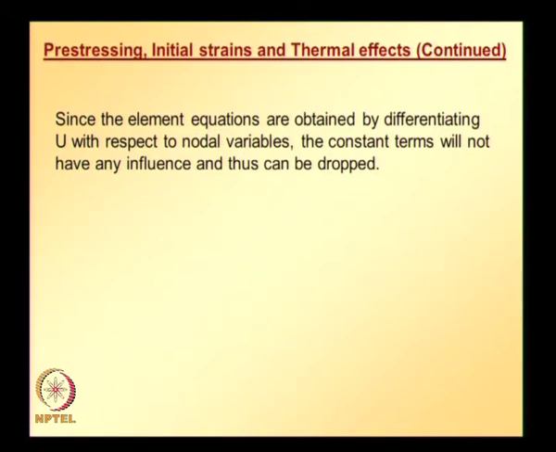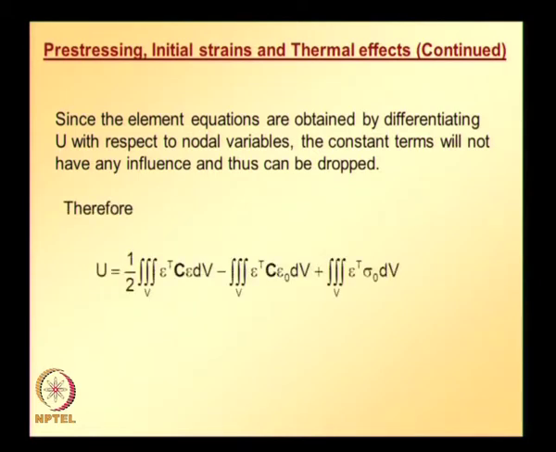So, whatever constant terms are there in the previous equation, they will all be dropped off when we take derivatives with respect to the nodal displacements or nodal variables. So, finally, we are going to get this one. Before we do differentiation, we can remove the constant terms, or we can take derivatives of constant terms, automatically they are going to be 0.